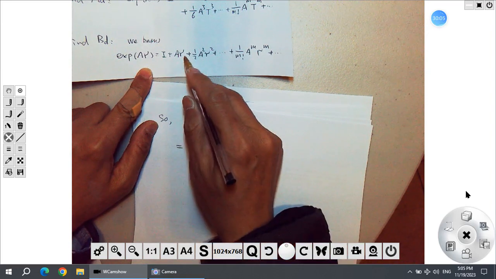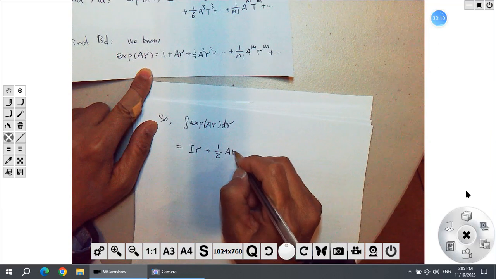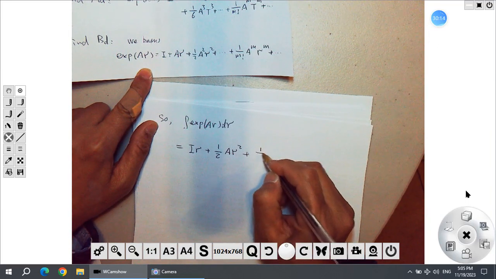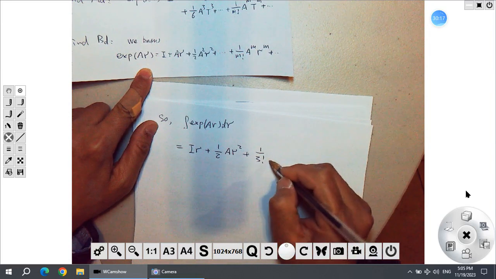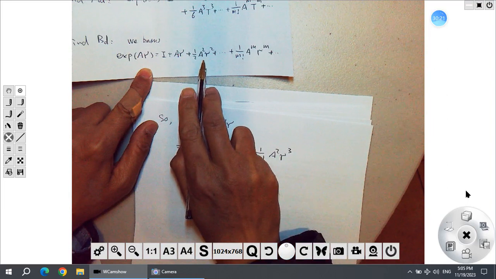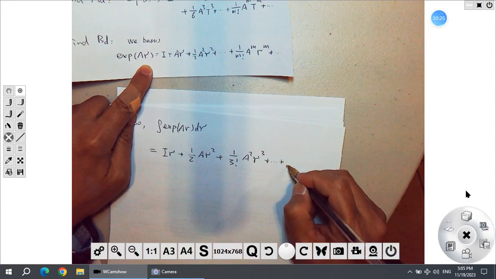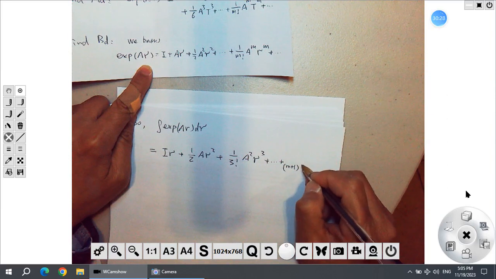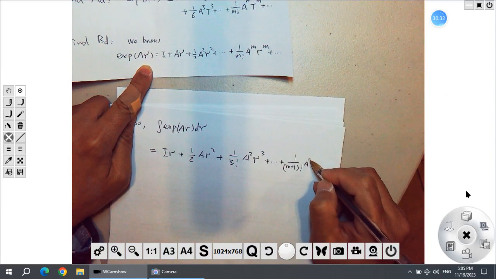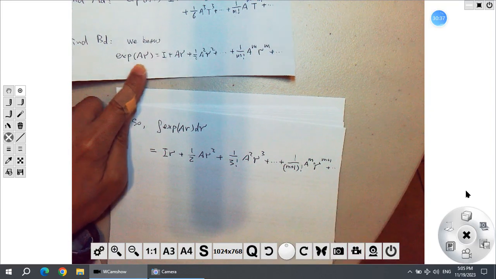And A gamma will be 1/2 A gamma squared. And this one will be 1 over, actually it's 3 factorial, A squared, keep it, and gamma cubed, and so on. In general, it will be a term that looks like 1 over m plus 1 factorial, A^m, and gamma^(m+1). Like this.